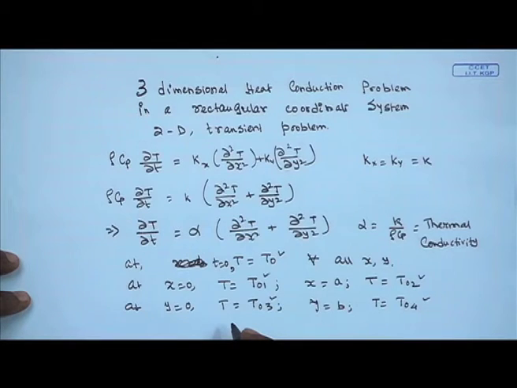Now what we decided earlier is that we can reduce the number of non-homogeneities by defining a non-dimensional dependent variable. The dependent variable is temperature in this case. So, we can define a non-dimensional temperature such that theta is equal to T minus T01 by T01.